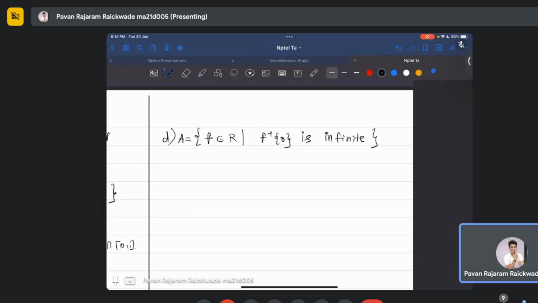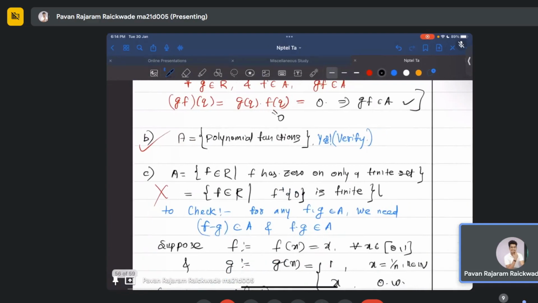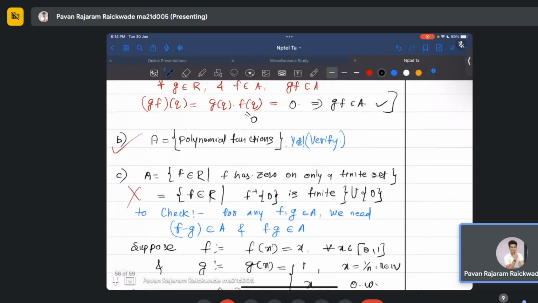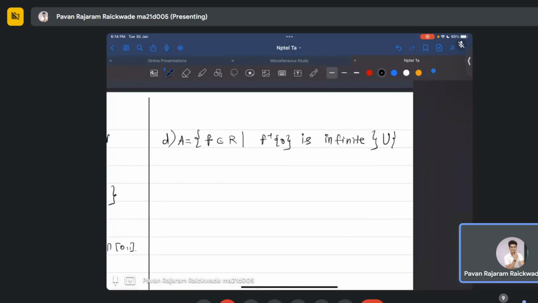So I'm now collecting all functions from [0, 1] to R whose set of zeros is infinite. Of course, to be a subring, you have to take the union with {0}, because the zero function is not there otherwise, so it cannot be a subring naturally. So you consider the set A with the singleton 0, the set of all functions whose zero set is infinite along with 0.